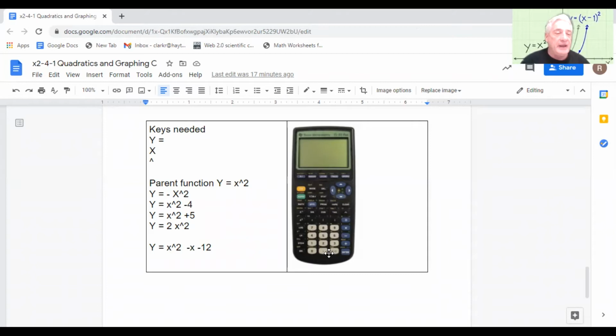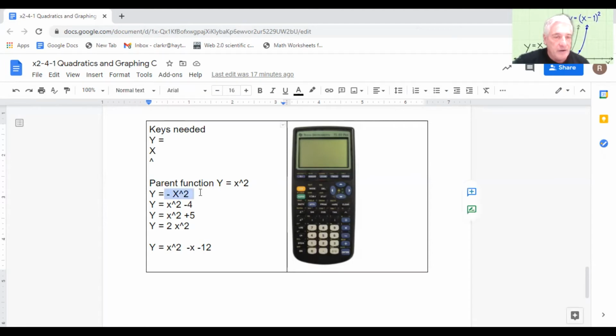So if it's a negative x squared out front, you need to use this negative key, not the subtract key. The rest of the equation, like in this one, x squared minus x, that's going to be the subtract key. Minus 12 is going to be the subtract key. But on this equation, right there, it's a negative x squared.